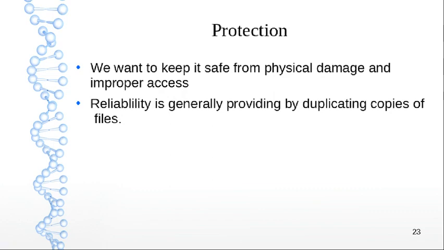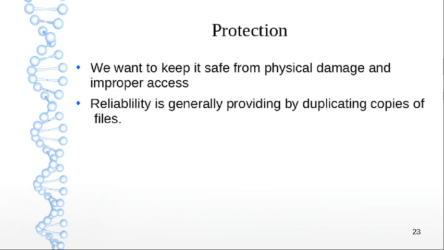Next, we have protection. Again, protection of the data and the file system is the main concern here. You want to keep files safe from physical damage or improper access. An example of physical damage is an electrical spike.